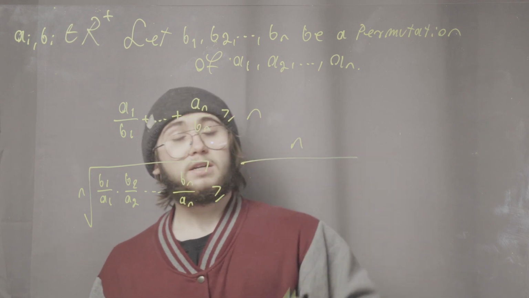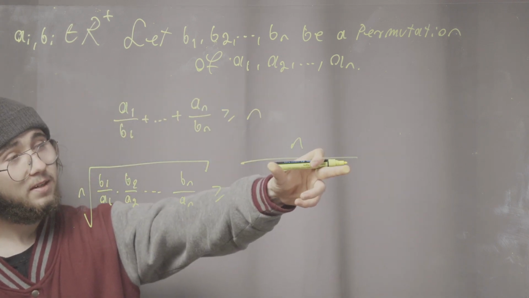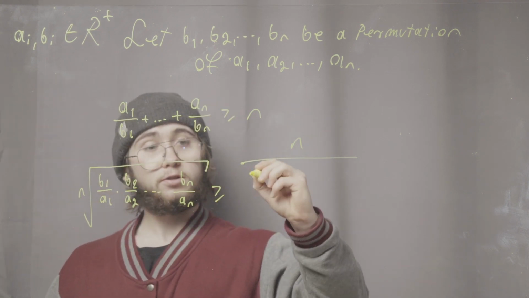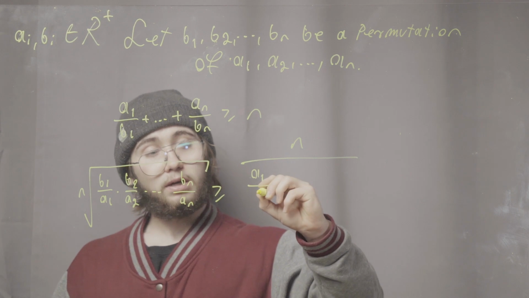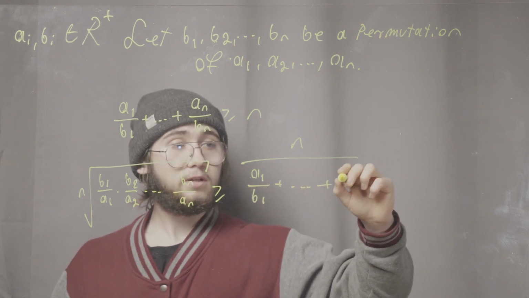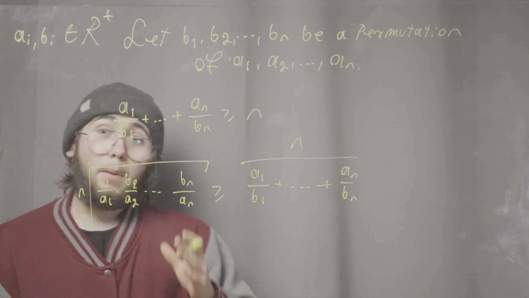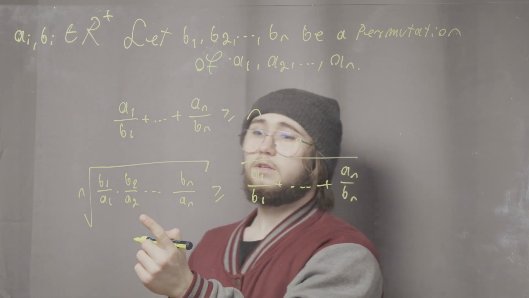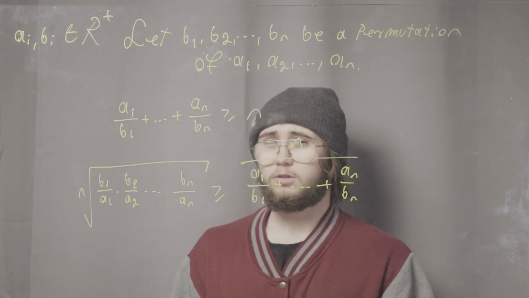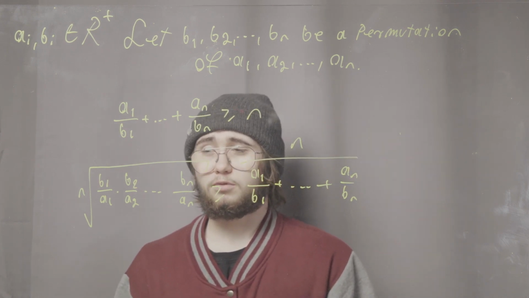by the GM-HM inequality, greater than or equal to n over the sum of reciprocals of those numbers, and so it's just n over a1 over b1 plus up to an over bn. But what is this step right here? I already told you that the bis are just a permutation of the ais, so those are the same numbers, just ordered in a different way.